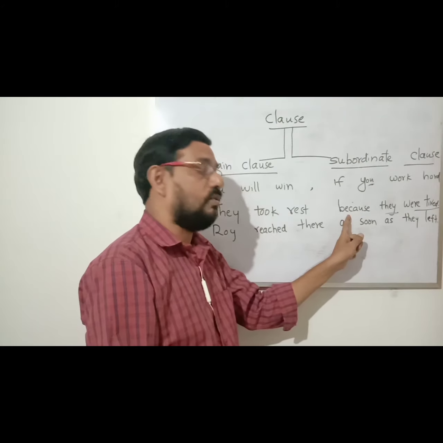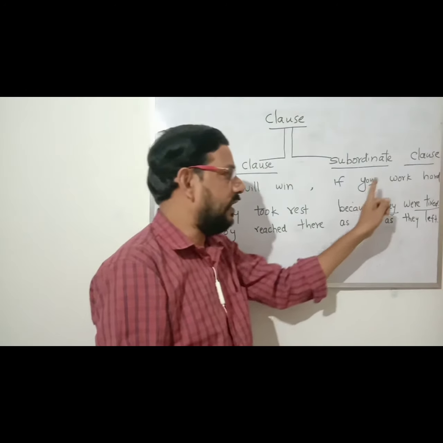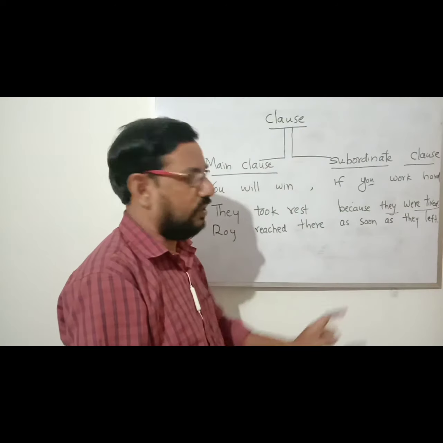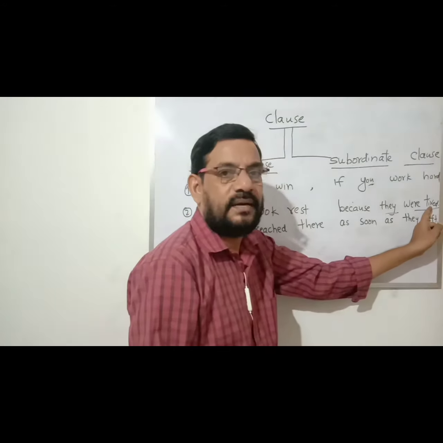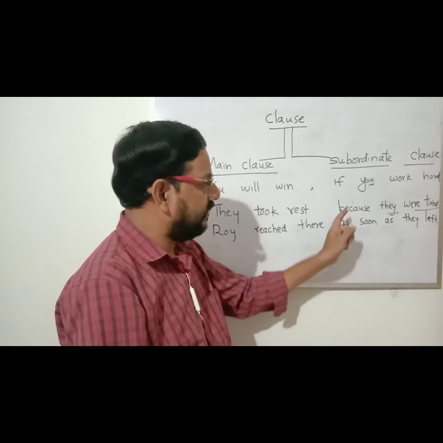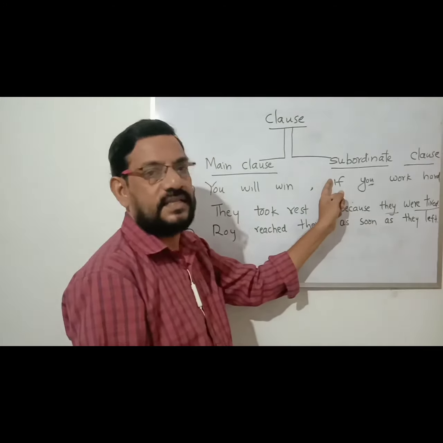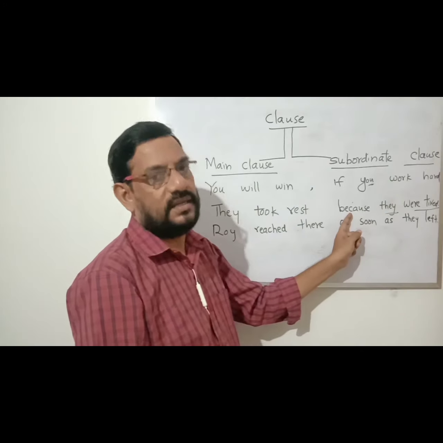Subordinating conjunction. Why is it a subordinating conjunction? Because this conjunction makes the following clause subordinate. Because of this word, "they were tired" becomes subordinate. That is why it is named a subordinating conjunction. Like "if" is a subordinating conjunction, "because" is another subordinating conjunction.